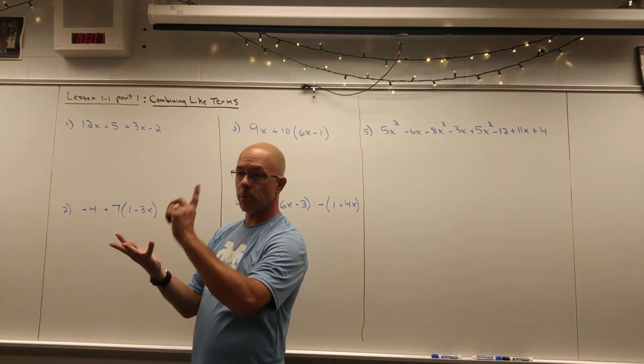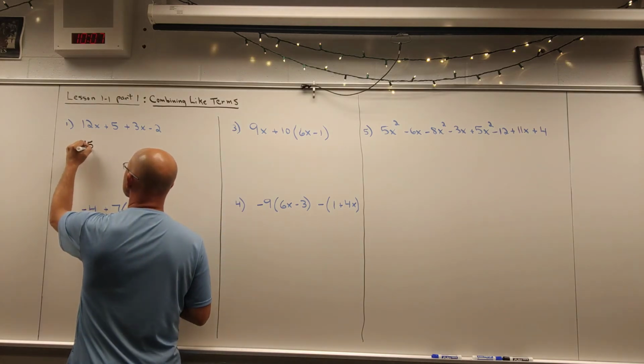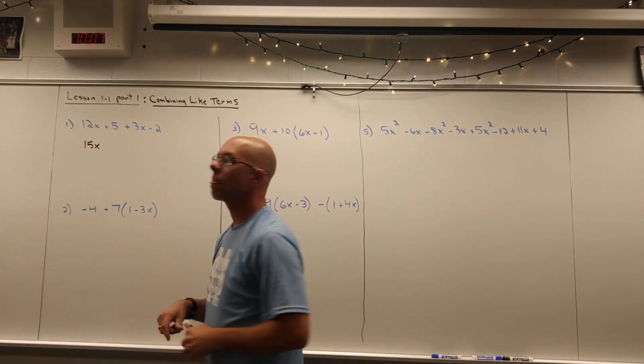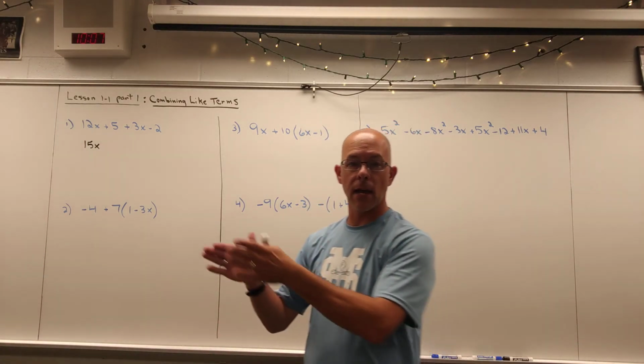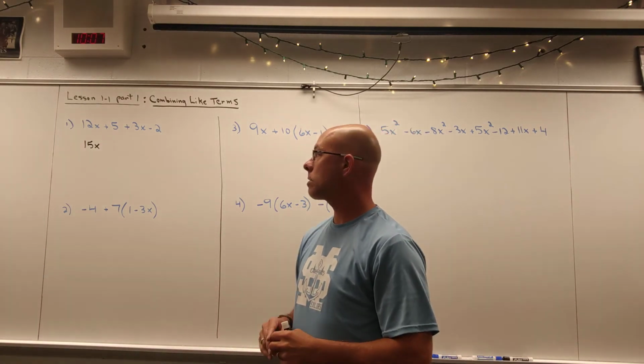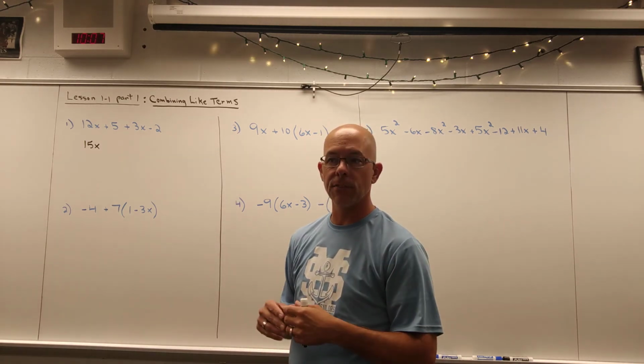So 12x plus 3x is 15x. It's not 15x squared. That would be multiplication. X times x is x squared. This is like saying I have 12 apples and I'm adding 3 apples to it. Oh, I have 15 apples.